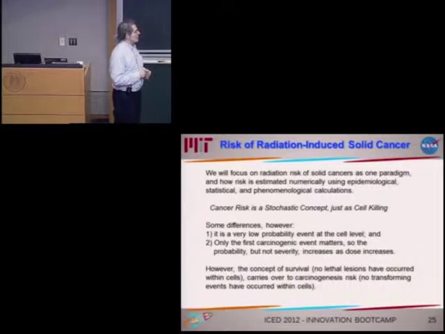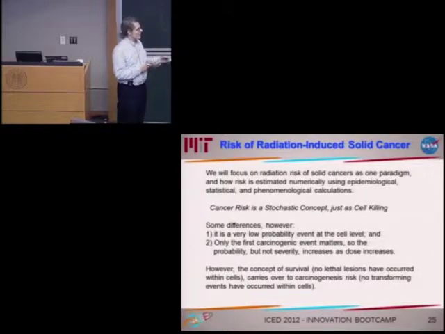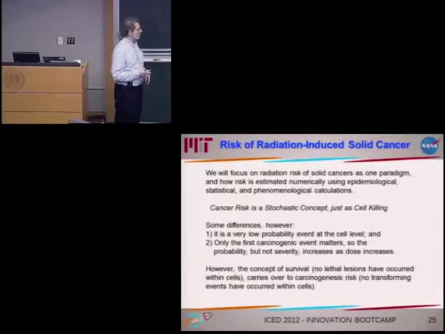Subsequent events to neighboring cells and so on are less important, because once a cancer originates, you're considered to be a cancer case regardless of any possible additional transforming events. So that's another thing to consider. But nonetheless, the concept of survival, as discussed with no lethal lesions having occurred within cells, carries over logically to a carcinogenesis risk where we talk about no transforming events having occurred within a cell.